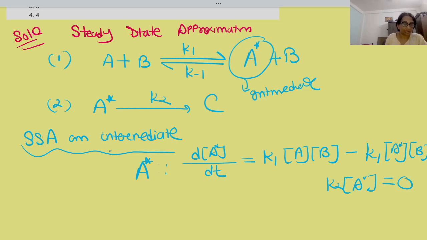This is the steady state on the intermediate. Now apply the rate law.